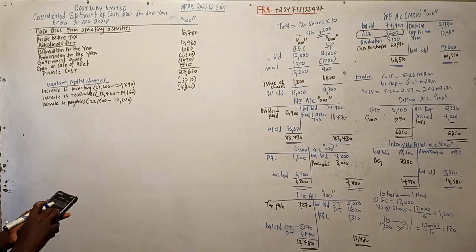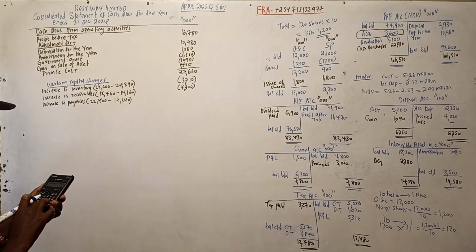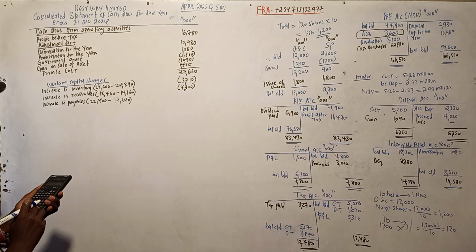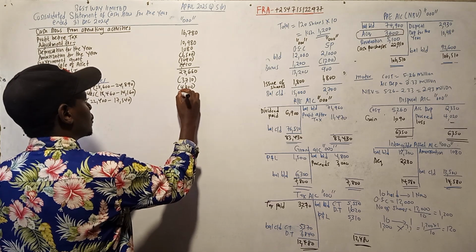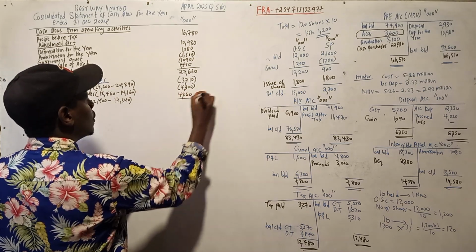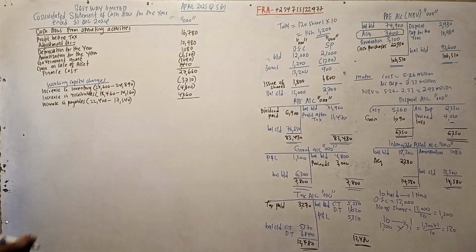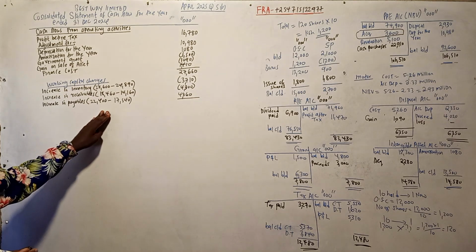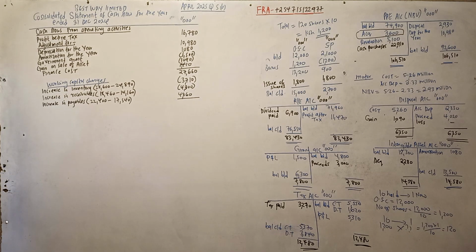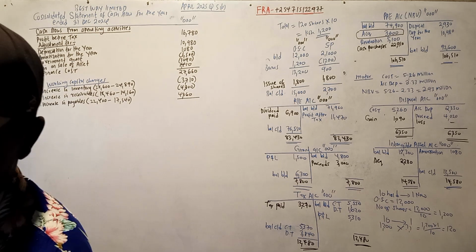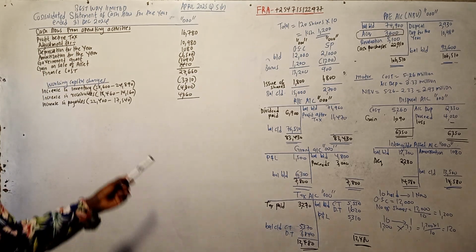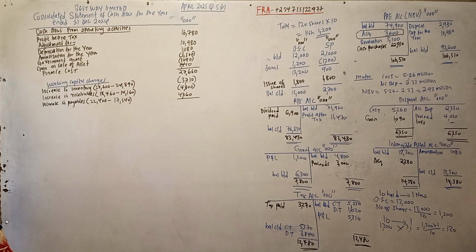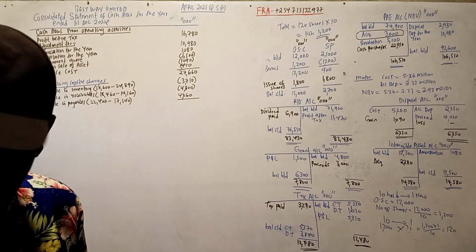Then an increase in payables we are supposed to add back: 22,400 minus 17,540 is 4,860. When a payable increases, it means we have not paid. Once we pay, it is a decrease. So in this case, we are supposed to add it back.